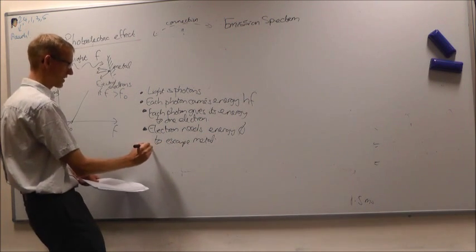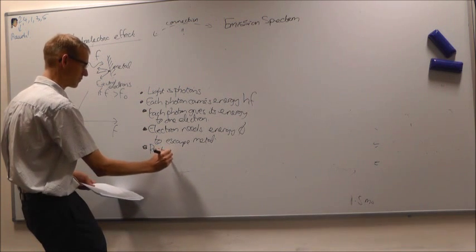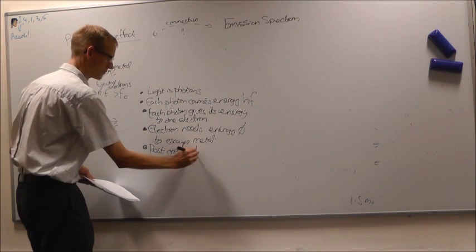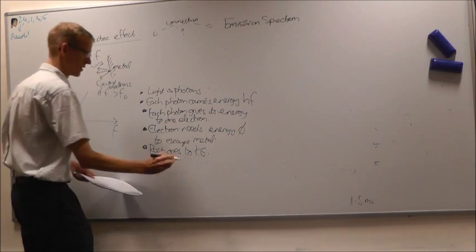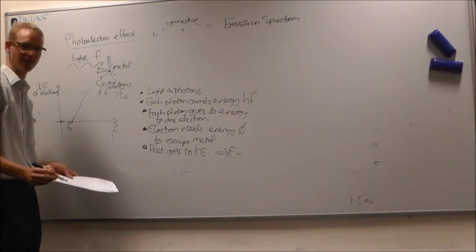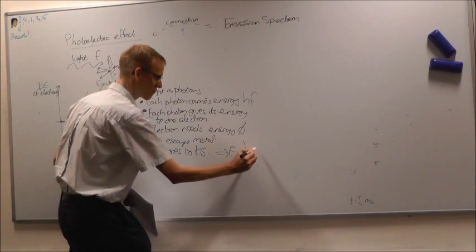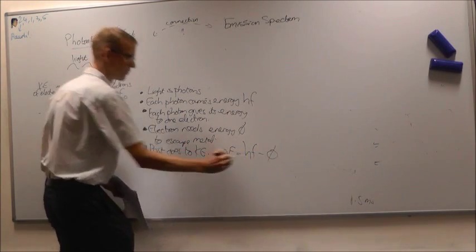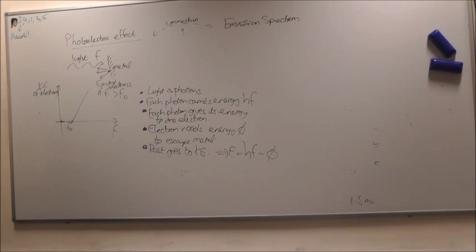The rest goes to kinetic energy. So that would imply the kinetic energy of the electron is what you had in your photon minus what's needed for it to escape. That's basically Einstein's explanation.